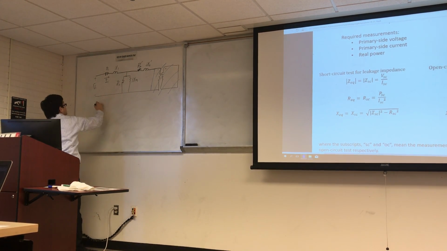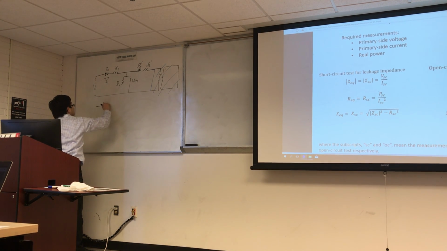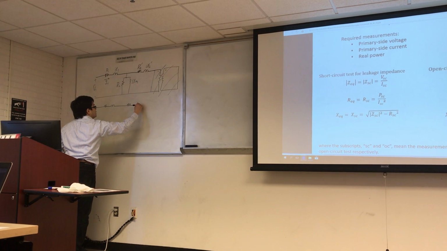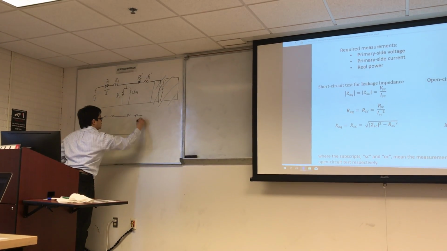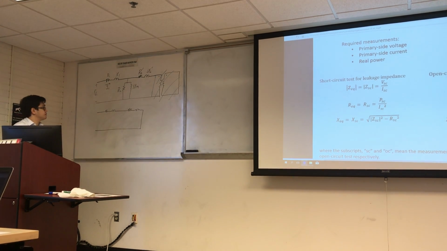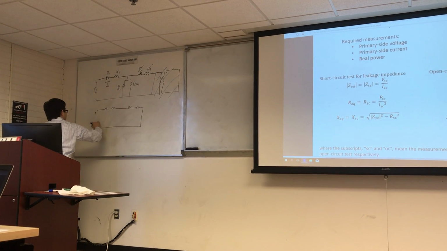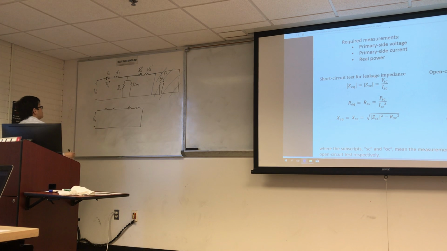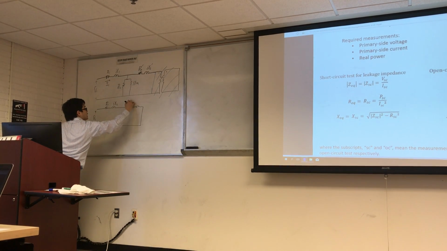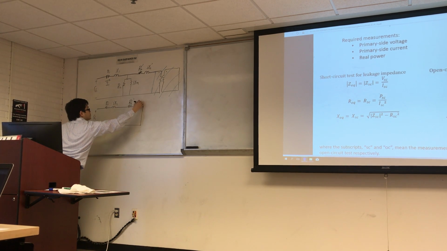So your circuit is like this. The middle part can be ignored because it's too large. Rc prime, Gx prime.